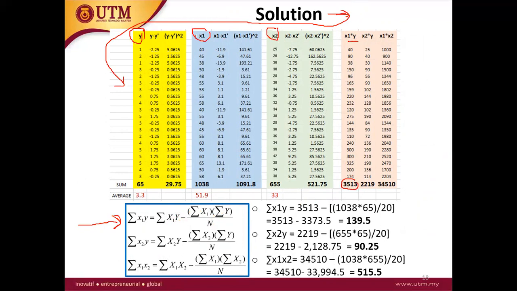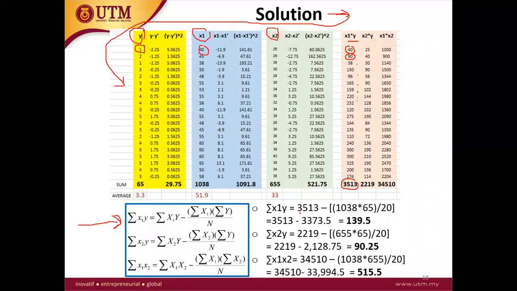The S1 40 times 1, you get 40. 45 times 2, you get 90. And so on. So the total is 3513.